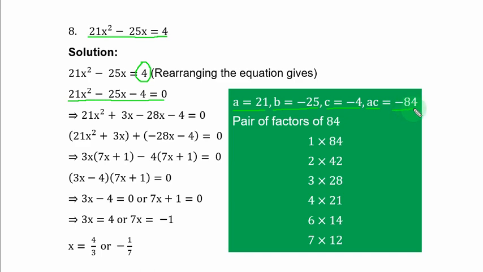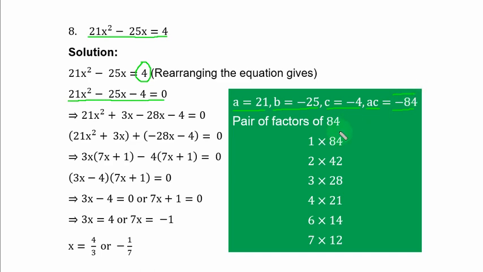To continue, we look for pair of factors of 84. Remember, what we have here is minus 84, but we consider the positive pair of factors of 84 first. Later, we adjust by adding minus plus to get the required conditions.